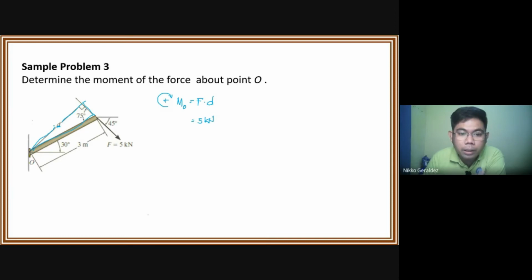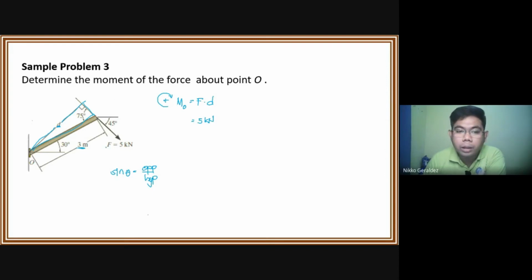Perpendicular distance is the opposite side of the angle 75. Gagamitin natin yung sin theta equal to opposite over hypotenuse. So, D is the opposite side of the angle 75, and hypotenuse is 3 meters.